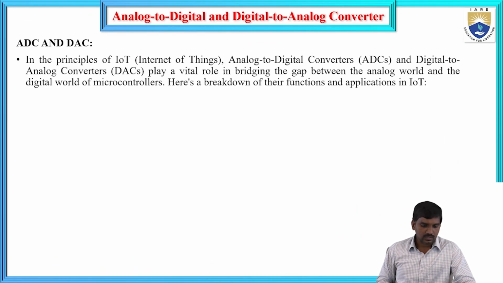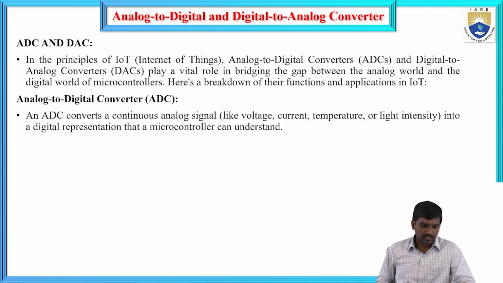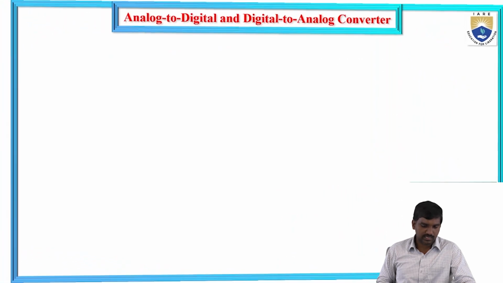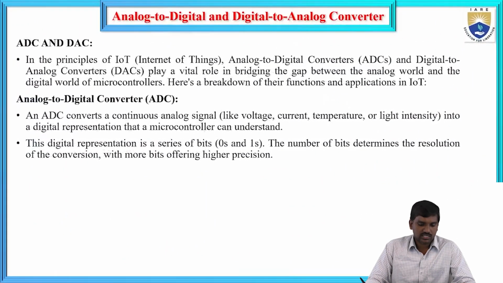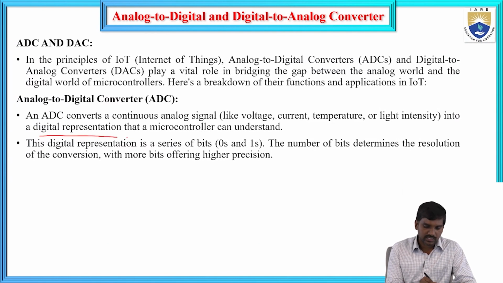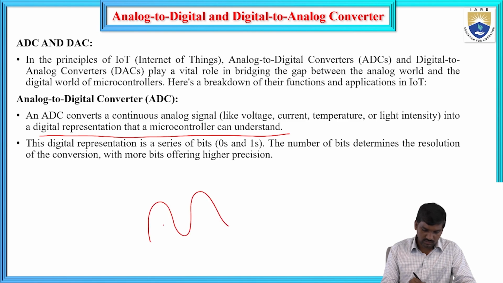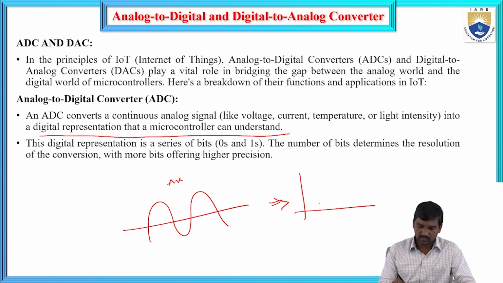Next, the analog to digital converter, ADC and DAC. An ADC converts a continuous signal to a discrete representation that a microcontroller can understand. For example, this is the analog signal. By using a sampling technique, we can convert it into a digital signal.